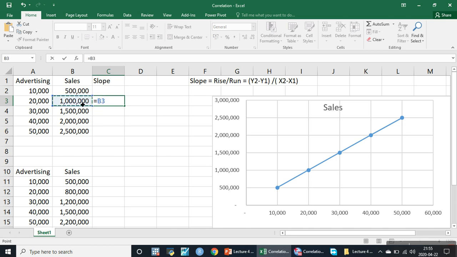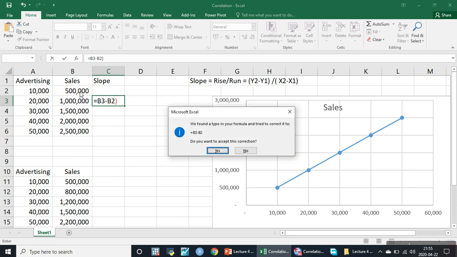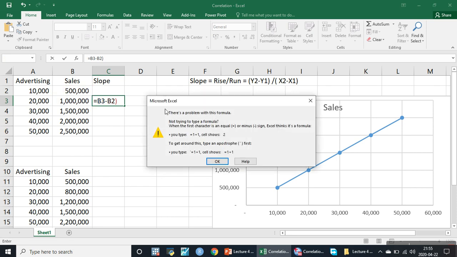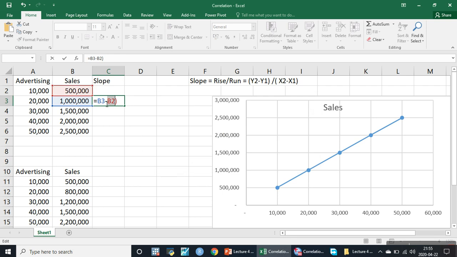So this is y2 minus y1, bracket close, bracket, divided by x2 minus x1, equal, the slope is 50. If we drag it down, the slope is 50. So the slope is constant.